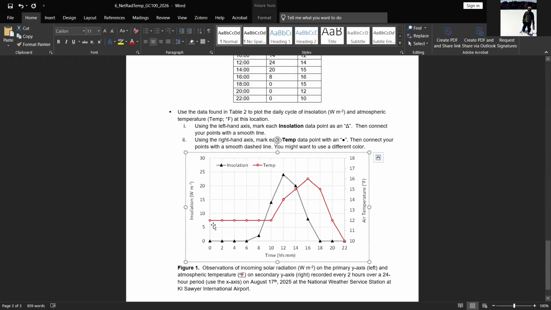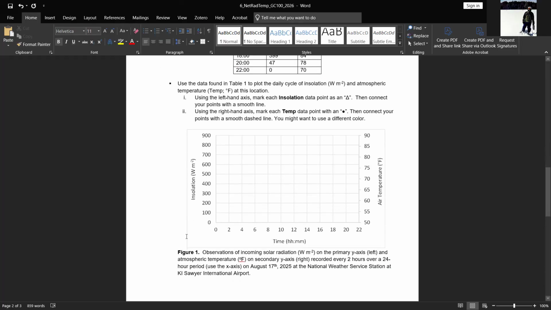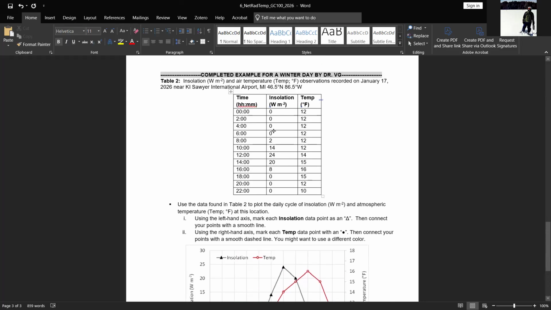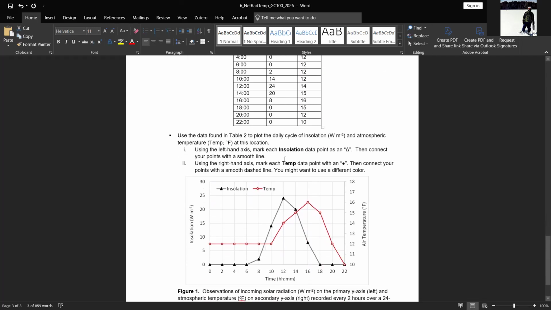So your final figure for this example, table 1 and figure 1 should look a lot like this one, although you're going to plot table 1 data, not table 2 again, which is for January 17th, 2026.